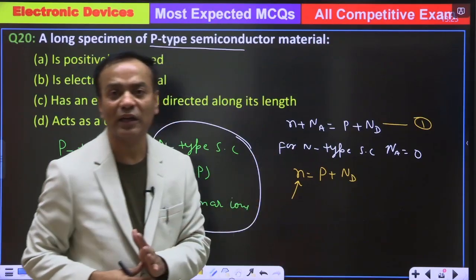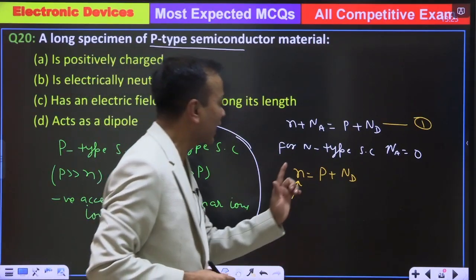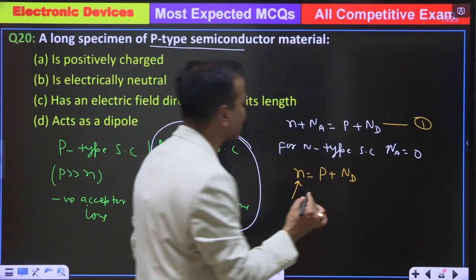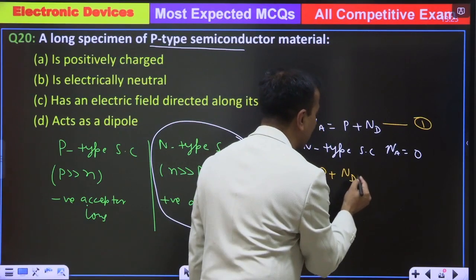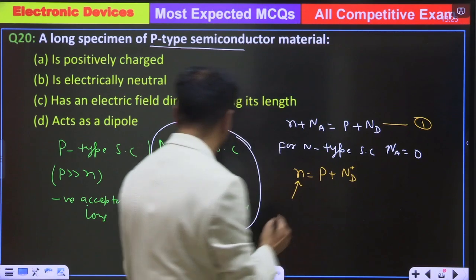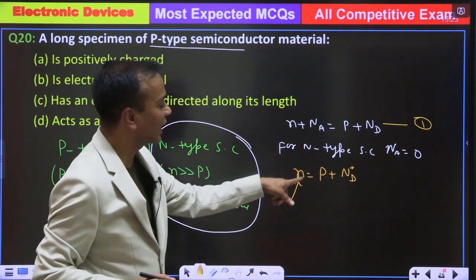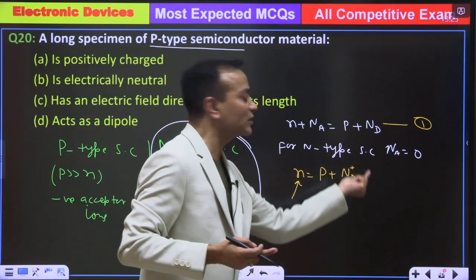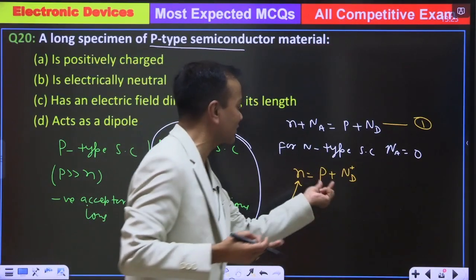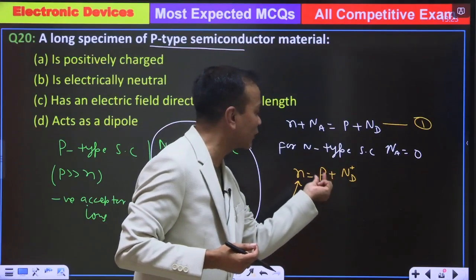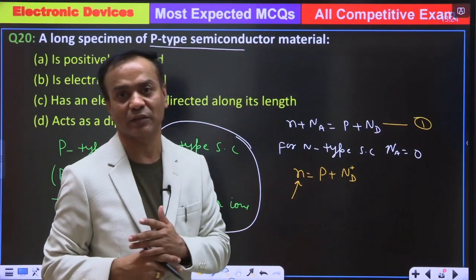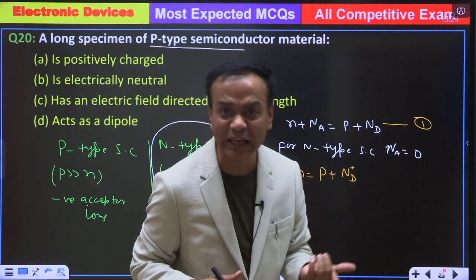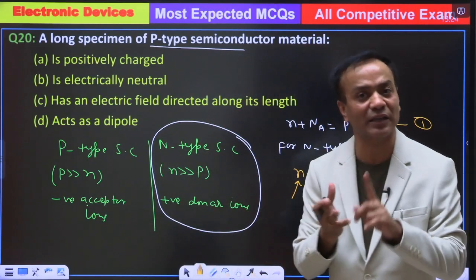This p is the concentration of minority charge carrier as holes, and this Nd is the doped atoms. So if it is completely ionized, it will form these many ions. Now you see that the concentration of negative charge electrons is equal to the concentration of positive donor ions plus the minority charge carrier holes, which also have positive charge. So the number of negative charges and positive charges is the same for N type of semiconductor, so electrically it is neutral.